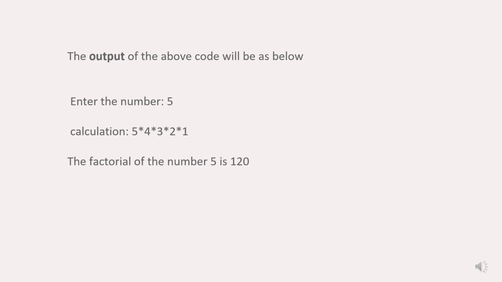For example, if the input value is 5, the function will be called with value 5. In function factorial, the for loop is iterated from 1 to 5.